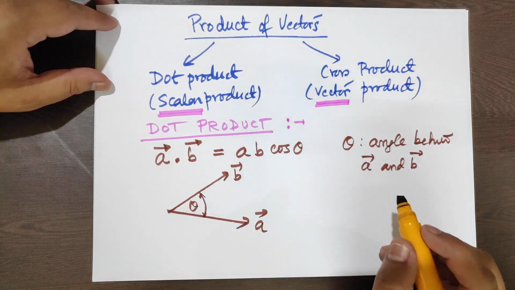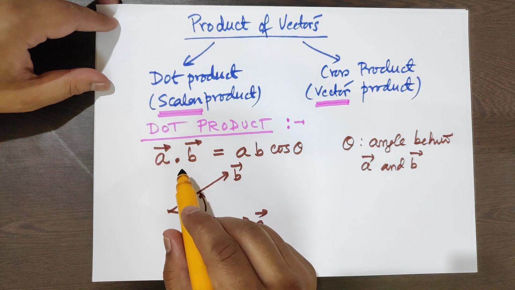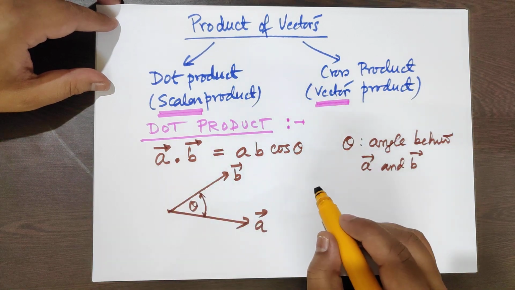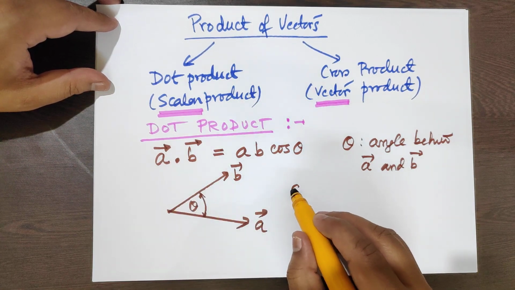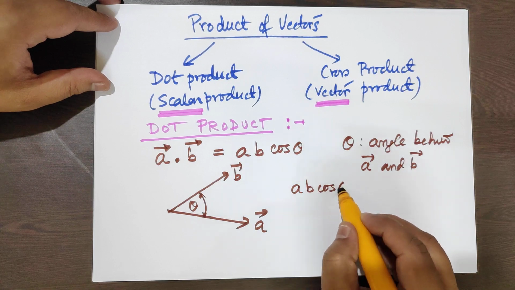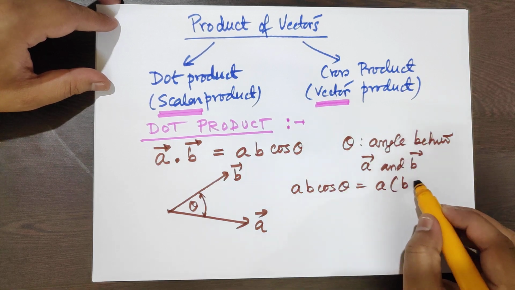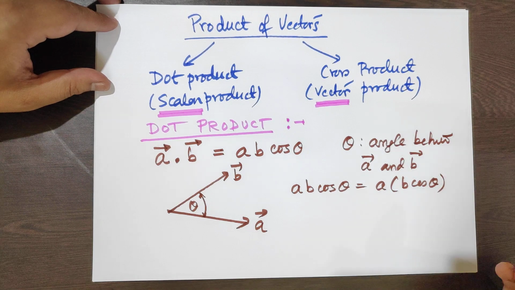Now what is the physical significance of this a dot b? You can write ab cos theta as a multiplied by b cos theta.